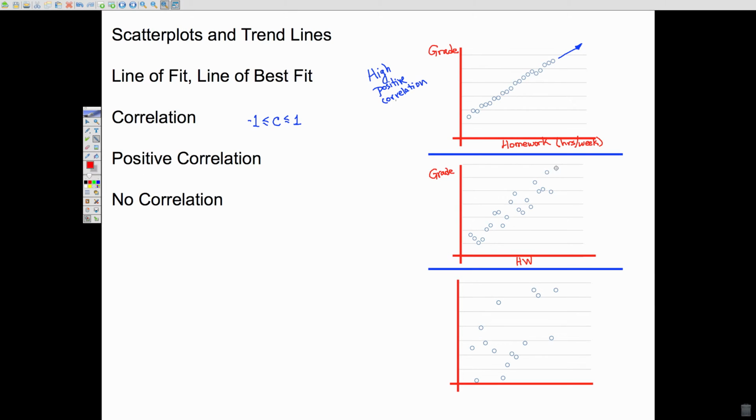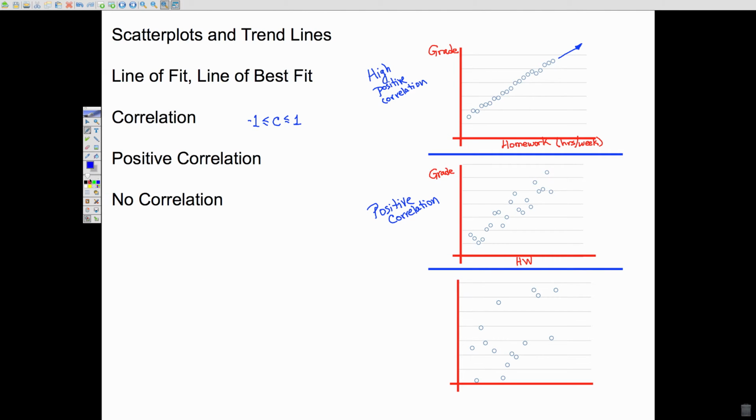There's probably a line of fit that goes through this data, but it's certainly not as close as the first teacher got. In this case, we also say that there is a positive correlation, but it's not quite as high as in the first case.